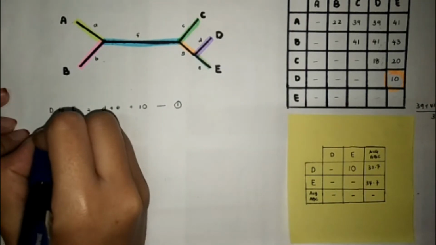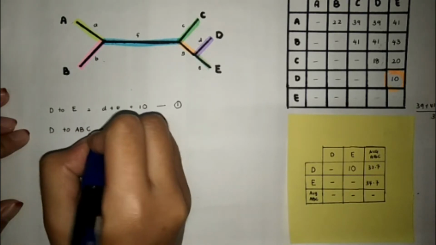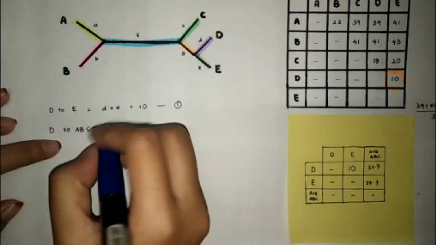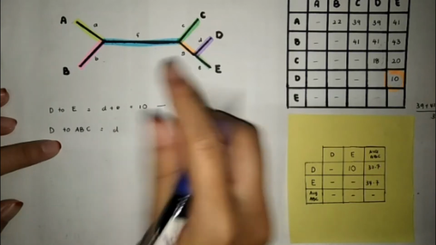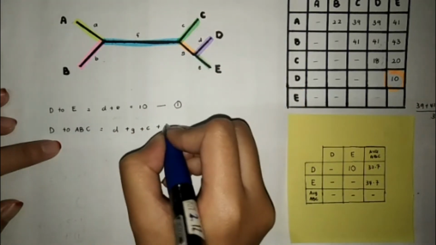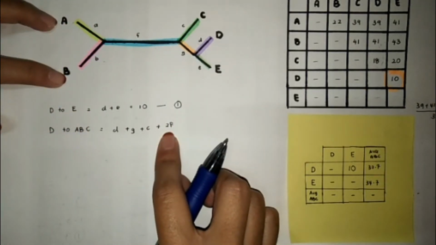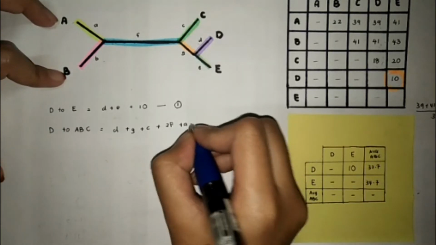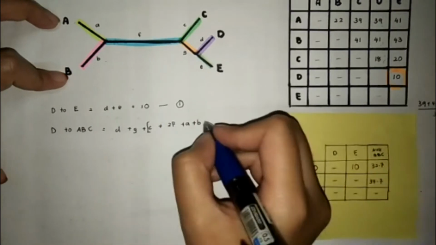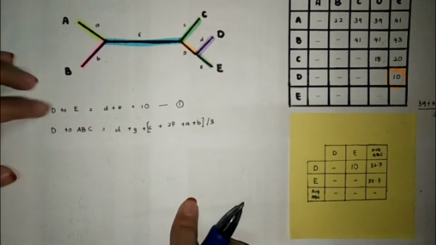Next, we find the distance of D to ABC. So the distance of D to ABC is equal to d plus g plus c plus 2f. Why is it 2f? Because f is branched out into 2. Then plus a plus b. And this must be divided by 3 because it has 3 different sequences.